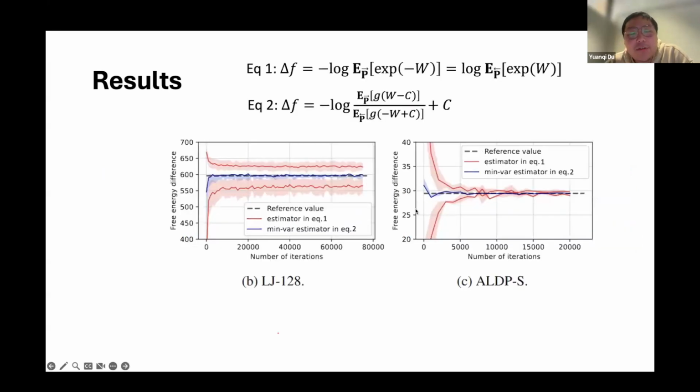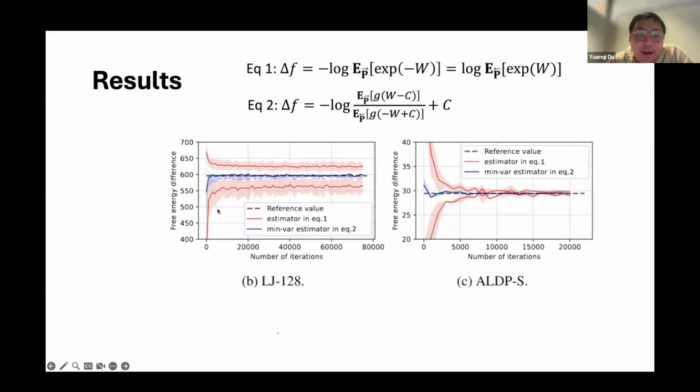And we can look closer at the estimator. We show the hard example, the Lennard-Jones with 128 particles. There are 3 lines here. The red lines are the log-mean-exp estimators that are the lower and upper bounds. The black dot-dashed line in the middle is the reference value, the x-axis is the number of training iterations, and the blue one is the minimum variance estimator.